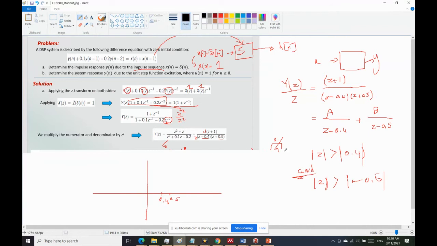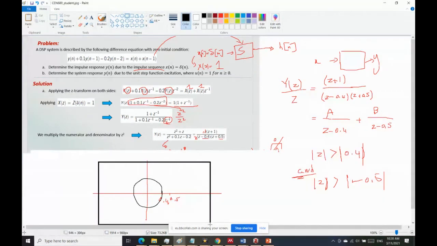So according to these rules, the absolute value of z must be greater than 0.4, meaning it must be outside this circle, the area outside this one.